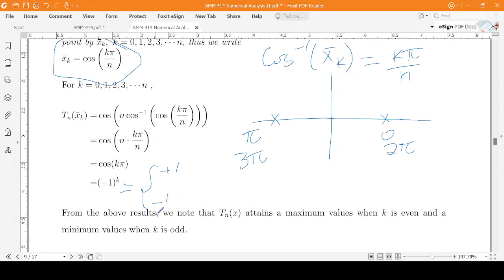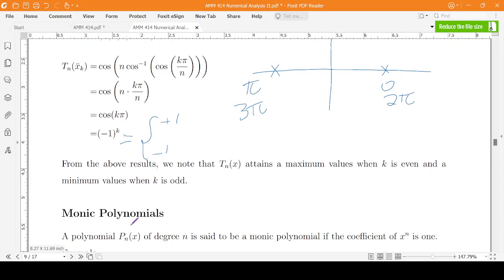So we can conclude that the maximum value is attained when k is even, and the minimum value is attained when k is an odd number. So basically, that's what we call the Chebyshev polynomials and their expansion. In our next lesson, we shall talk about the monic polynomials and the economization of the Chebyshev polynomials. Thank you.